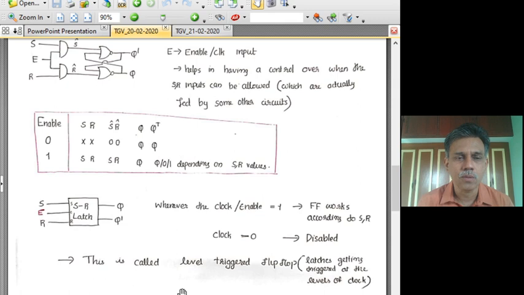Whereas Mano reserves the name latches for all devices which are activated by a level, and those devices which change state as a result of a transition are called flip-flops.